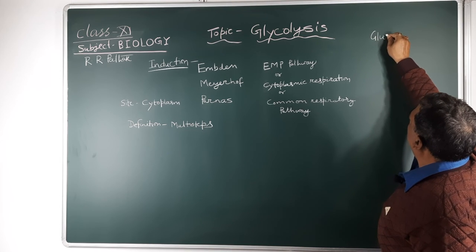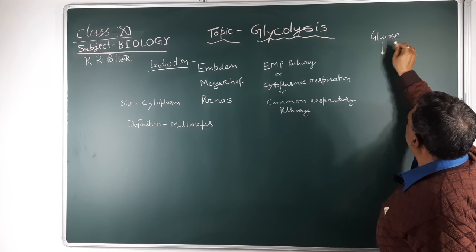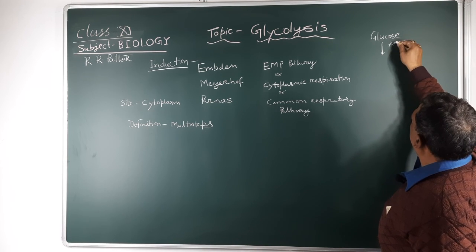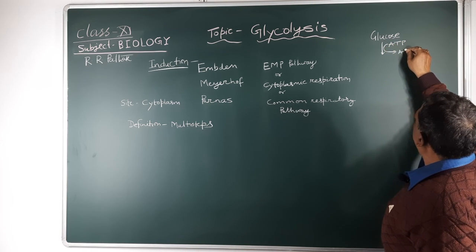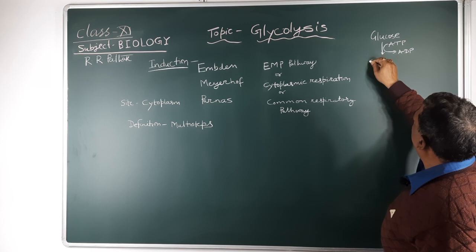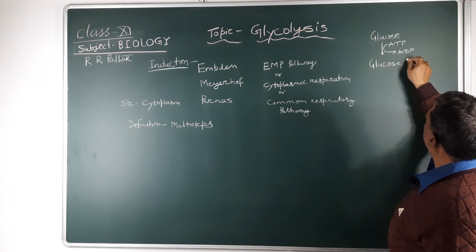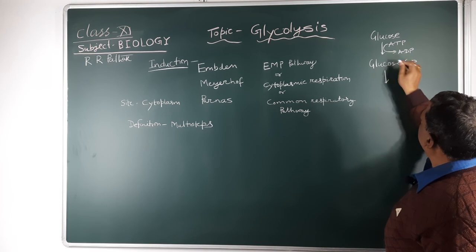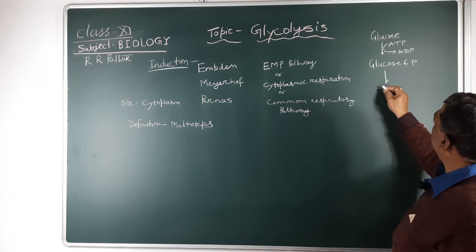Glucose combined with ATP to form glucose 6-phosphate and ADP, and it is mediated by an enzyme called hexokinase.